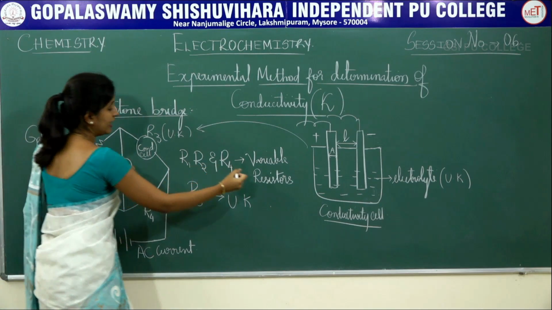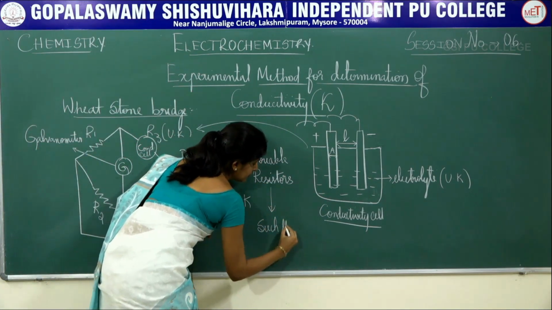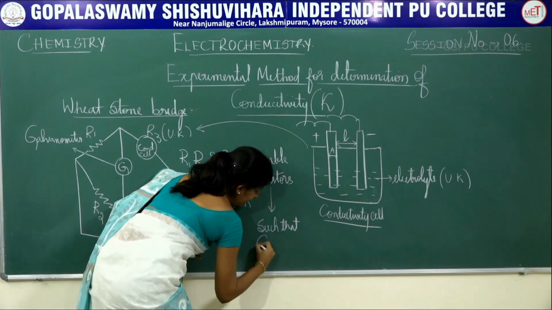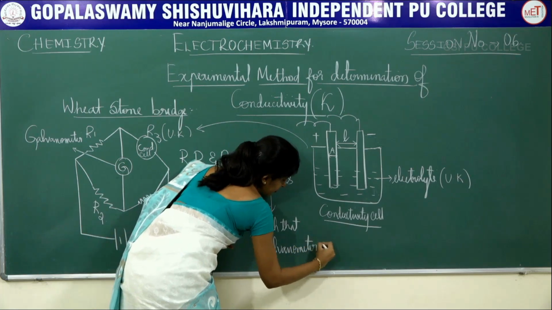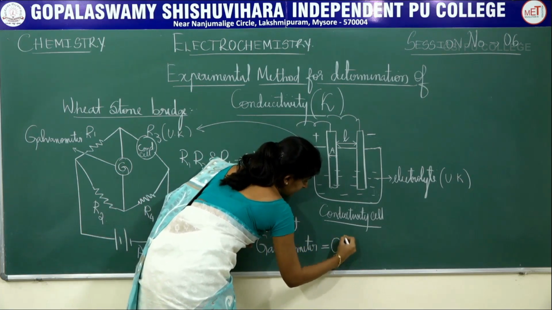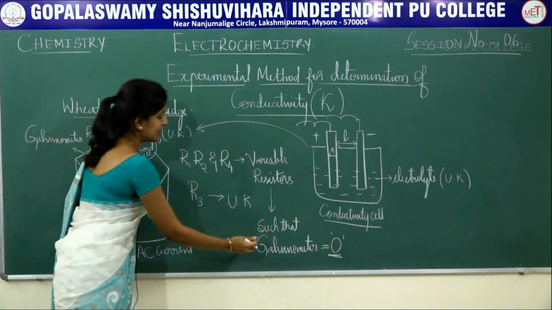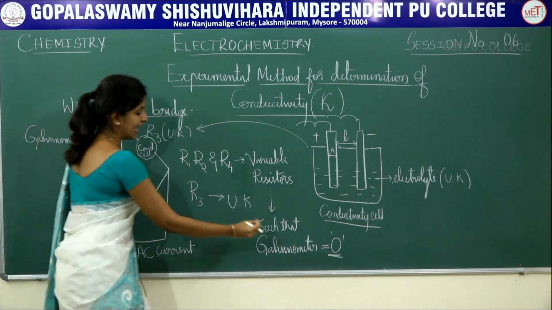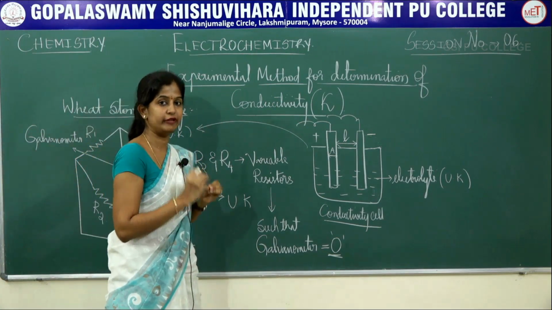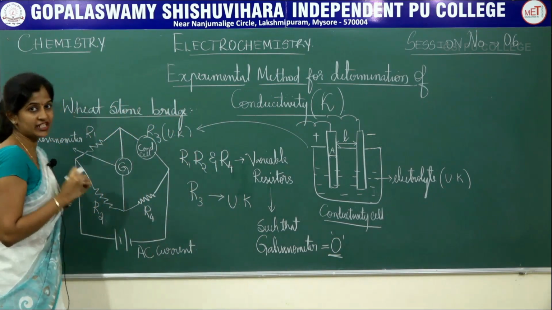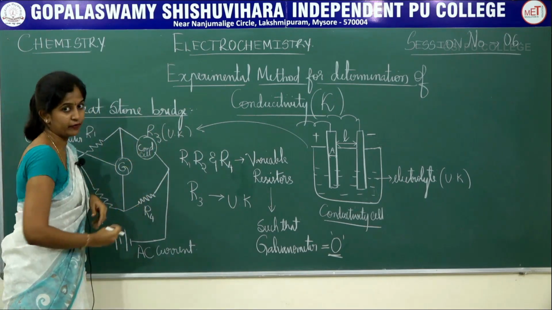So now you are varying the variable resistors such that your galvanometer shows you 0 reading. It has to show a reading of 0. Such an instance of the experiment wherein the galvanometer shows you 0 by varying these resistors is called a balanced Wheatstone bridge.